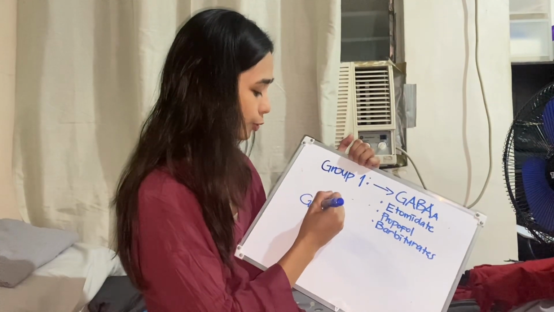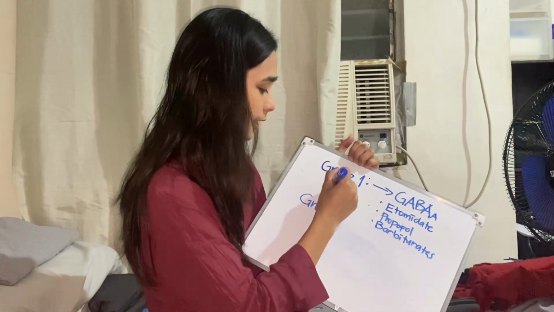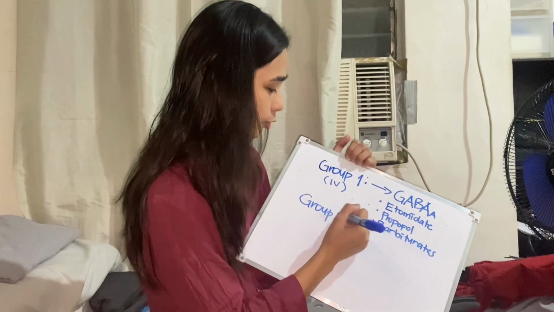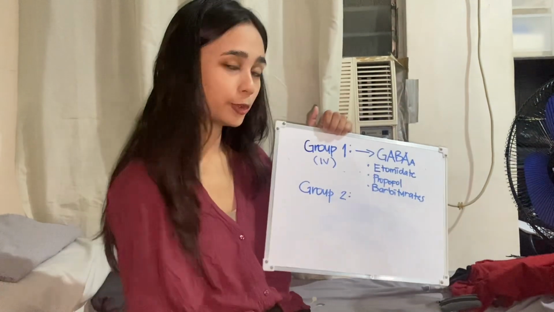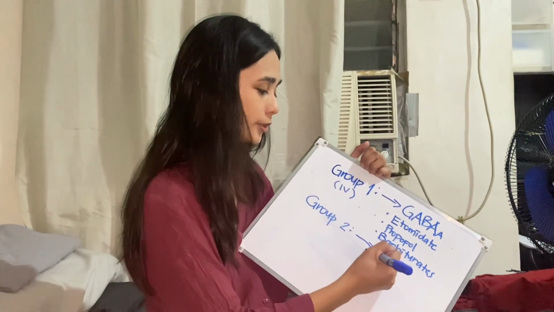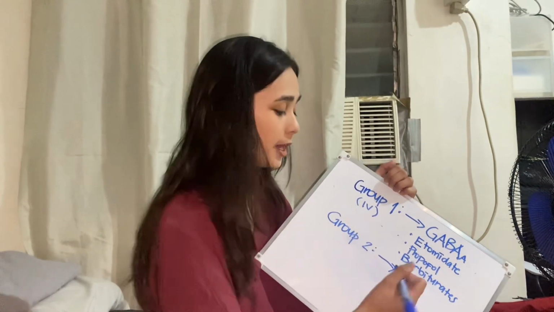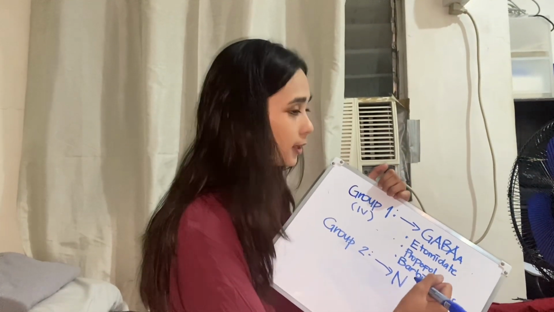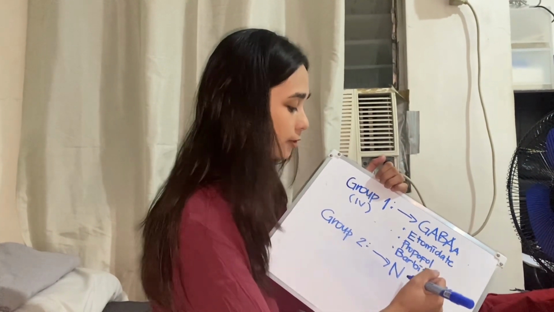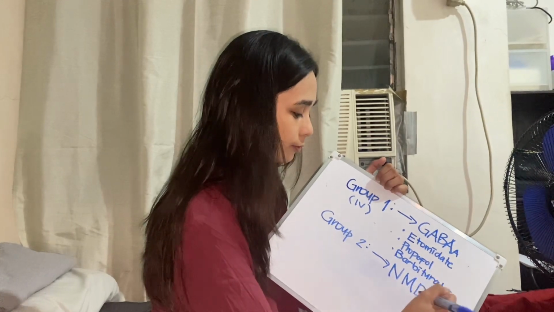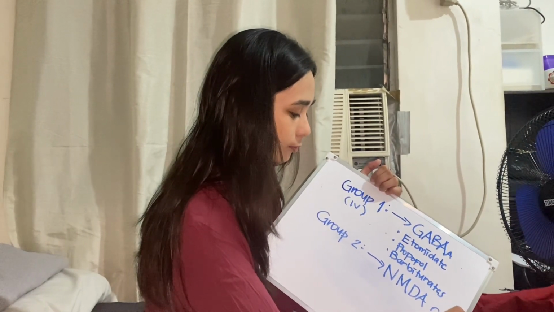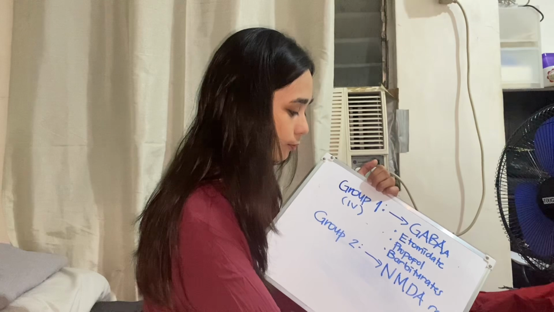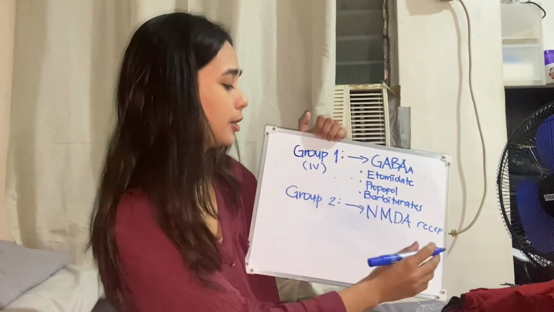And for group 2, these are also IV, guys, IV. Group 2 drugs target the NMDA receptor, or the N-methyl-D-aspartate receptor.